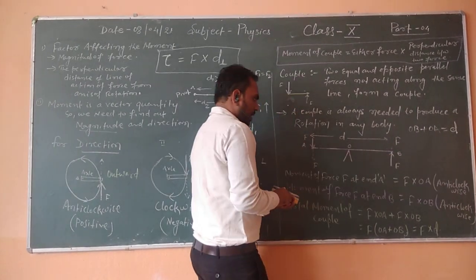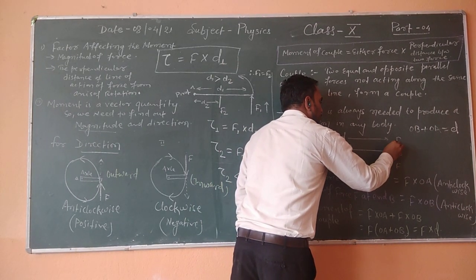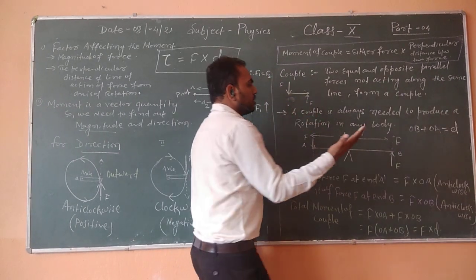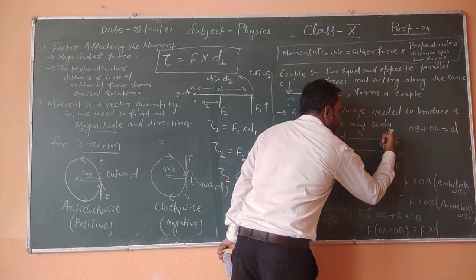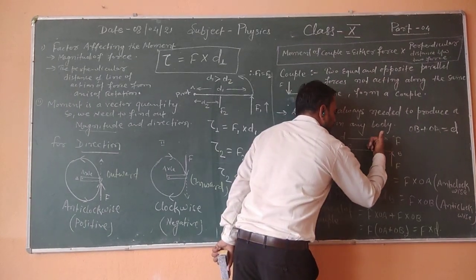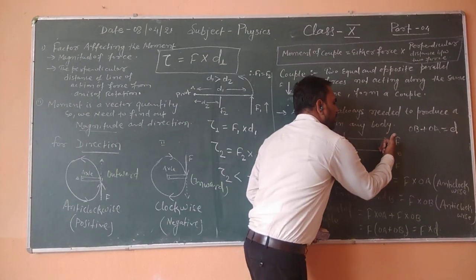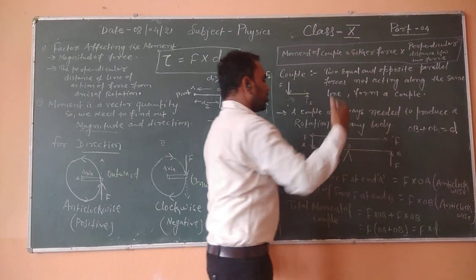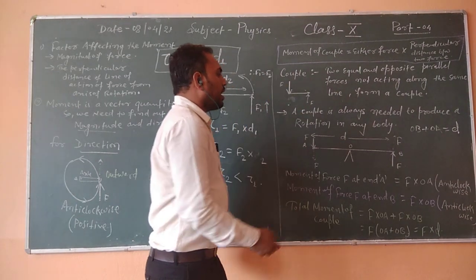Here I will do the same thing. Draw the line of action of the force. Put your hand along that line of action and curl to the axis of rotation, and you will find it is perpendicularly outward, or motion is anti-clockwise.